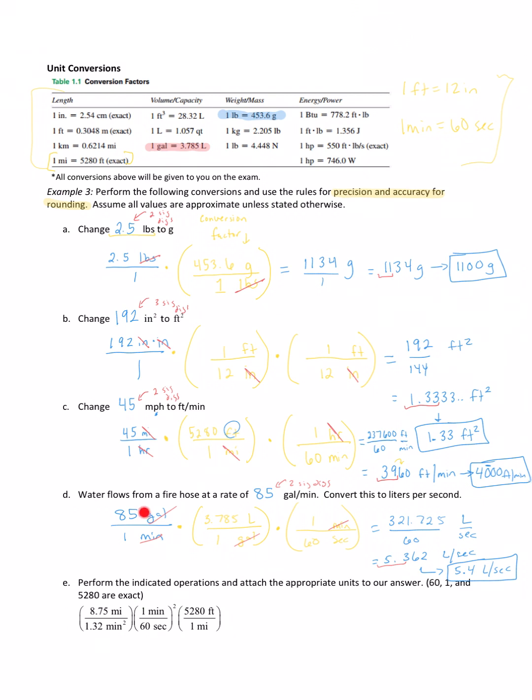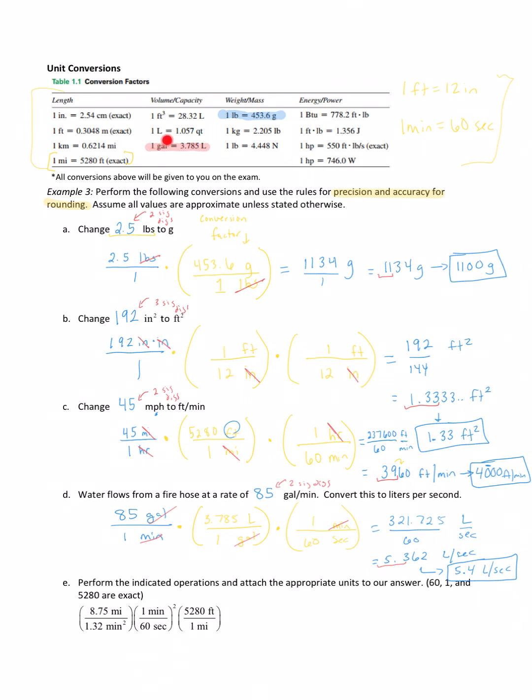We start with the original measurement, 85 gallons per 1 minute. And we have to convert gallons to liters and minutes to seconds. So we know we need 2 conversion rates because we have to make 2 separate conversions. If gallons is in the numerator, we have to put gallons in the denominator and then the liters in the numerator.